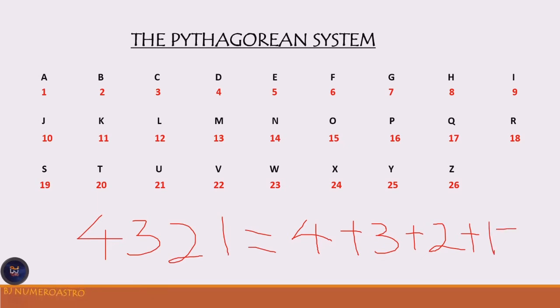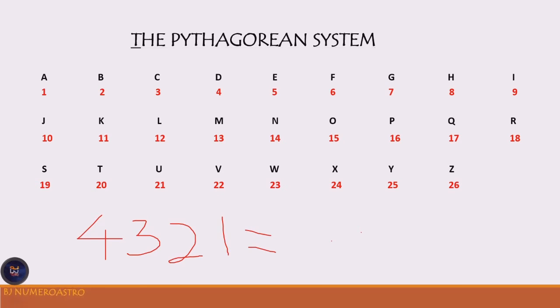And what would that be equal to? So 4 plus 3, that's 7. 7 plus 2, that's 9. 9 plus 1, that's 10. So let me clean this. So that's 10.